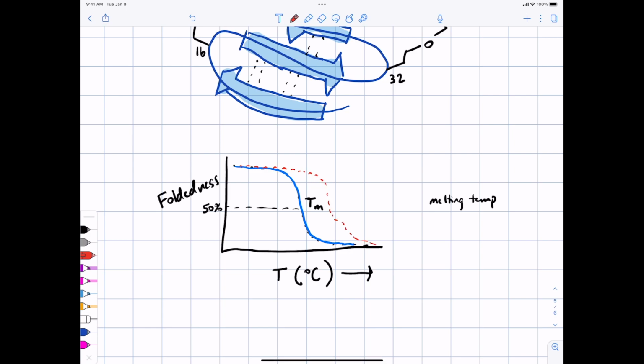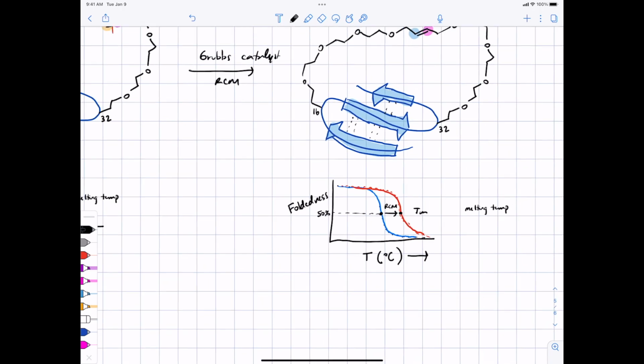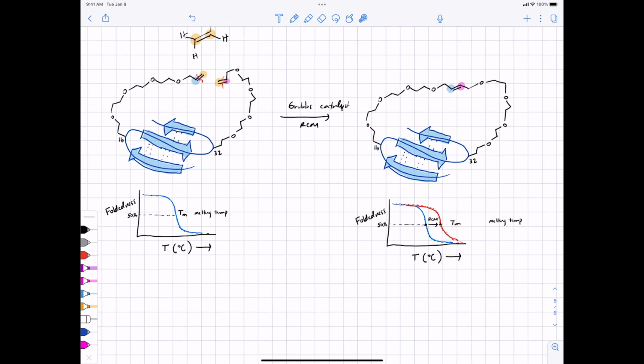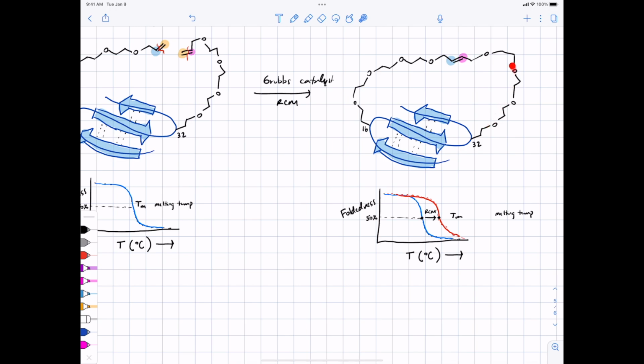So, oops, it's smoother than that. Anyway, you see a shift in melting temperature from here to here, and that happens because of the ring closing metathesis reaction. And the explanation is presumably that by connecting two positions and forcing them to be close to each other, you pay for some of the entropy cost for folding the molecule into this shape.